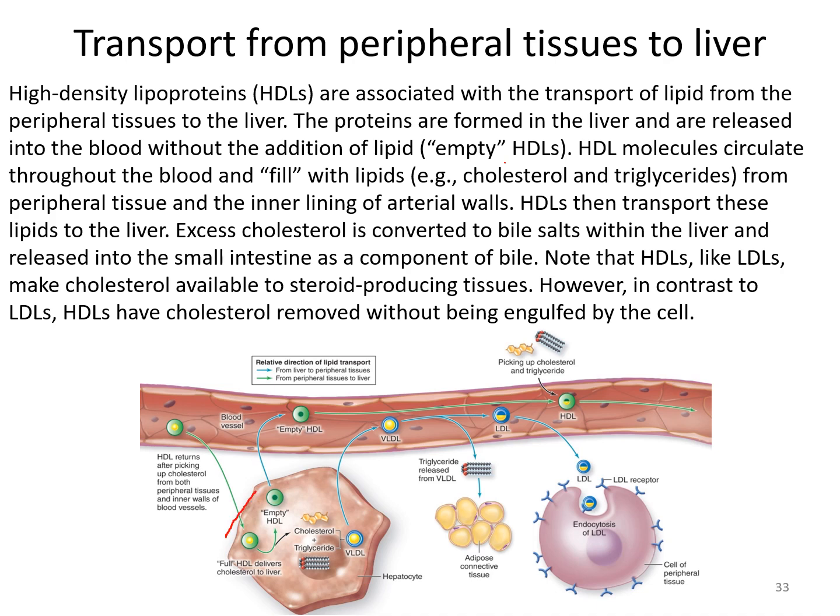So again, here's your hepatocyte, and an empty HDL. It's basically like an empty vesicle that leaves the liver and goes into the blood. As it's traveling through the blood, it will pick up lipids. Here, it's picking up triglycerides and putting them into the HDL molecule. And once it's full, it will deliver that back to the hepatocyte.